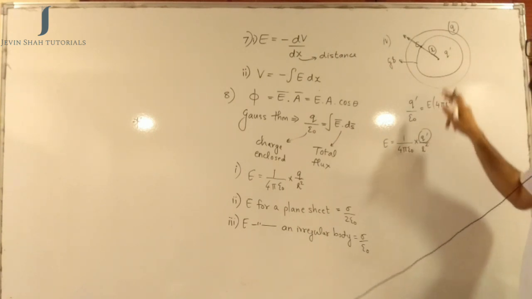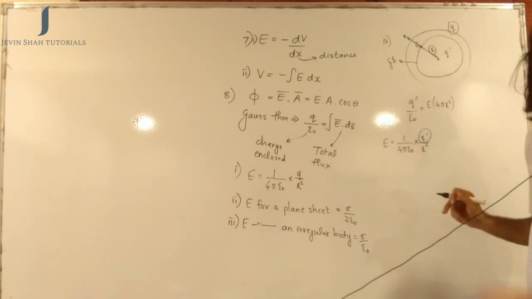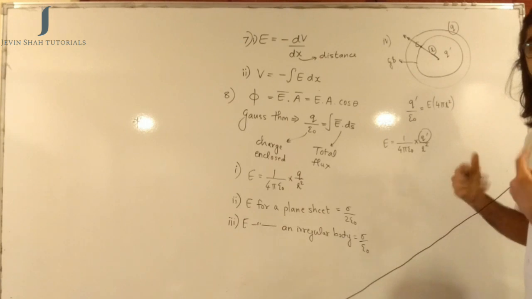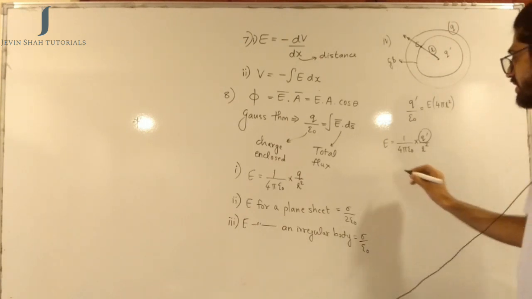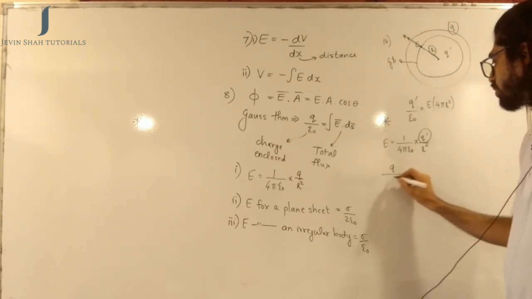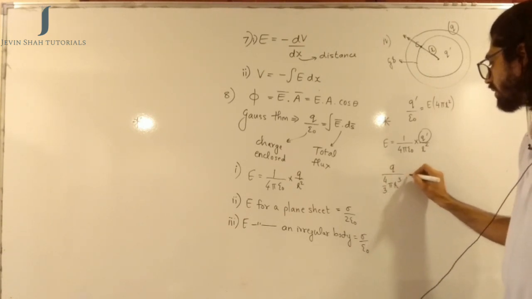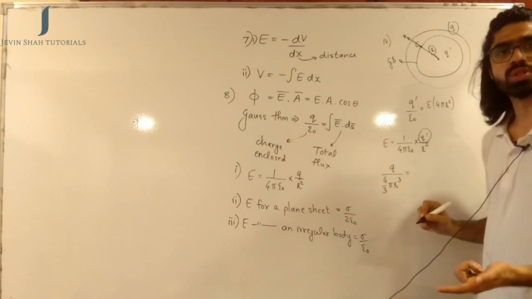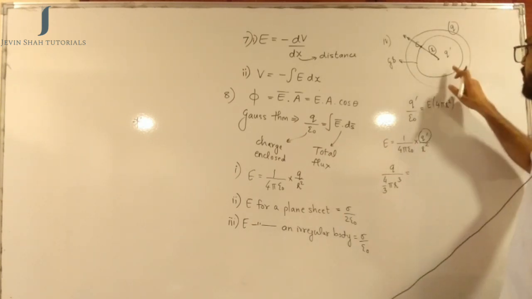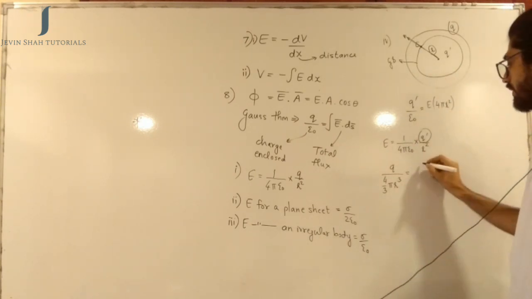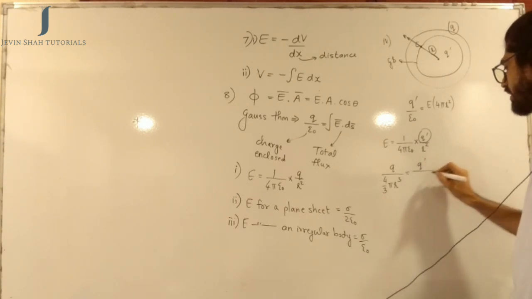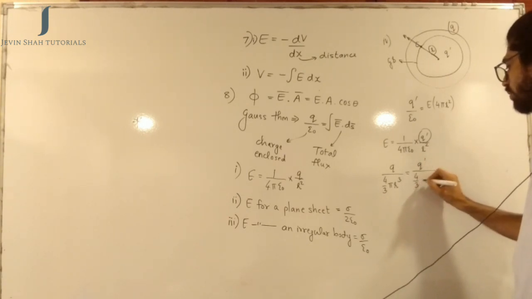You can assume that the charge has been uniformly distributed. That is, the charge per unit volume is constant for the sphere. So you will say charge per unit volume is q upon 4 by 3 pi R cube for the entire sphere. And because charge per unit volume is constant, we can apply the same thing for the smaller Gaussian sphere also. The charge enclosed in the Gaussian sphere is q dash upon the volume, which is 4 by 3 pi.